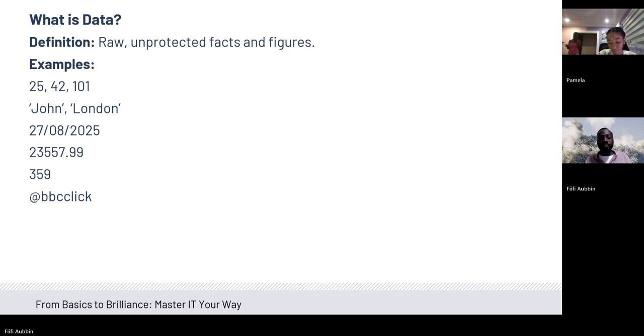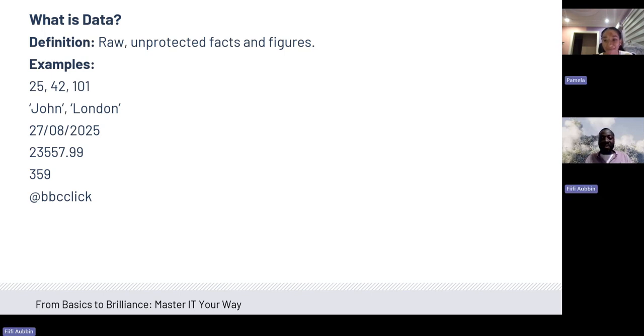Examples can be 25, 42, 101. It's data, a bunch of numbers I'm giving you. So if I just give you a bunch of names, Kwesi, Akosua, yes, they are names, but what does it mean? It means nothing until I put it into a context, and it becomes what? Information. Okay. So are you now getting it? Yes.